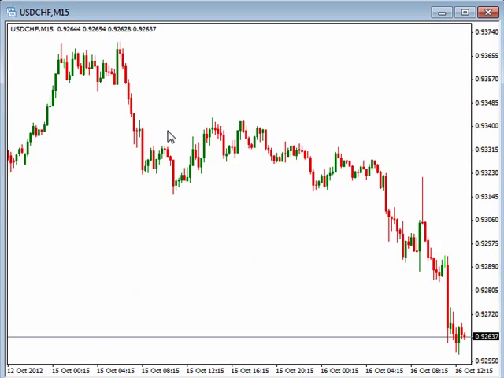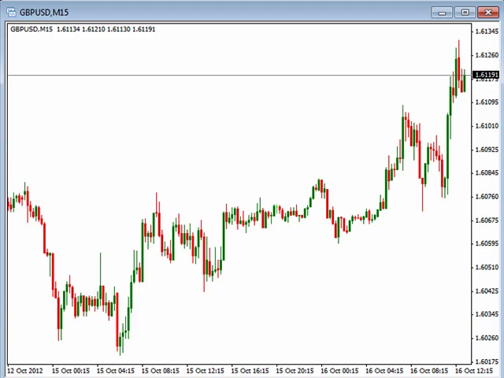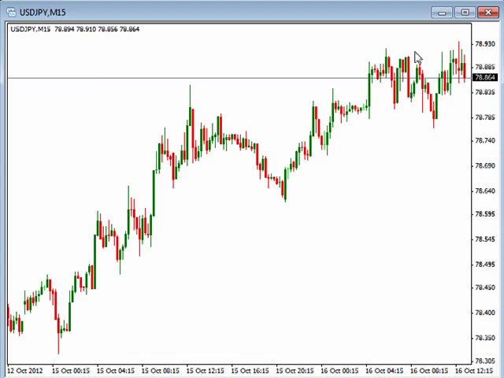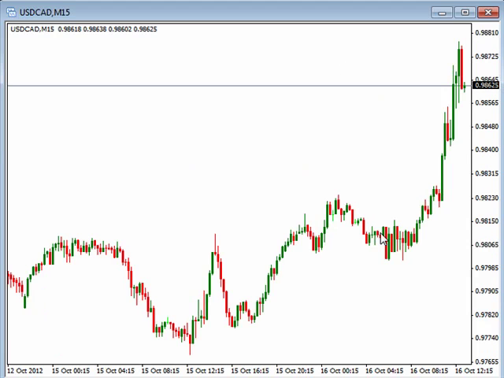U.S. Swiss franc, you can see we had a nice down move. We'd be looking for it to move up from there. The pound dollar, big move up, pulling back a little bit, kind of at the top of the move. U.S. Japanese yen kind of flat right now. And the U.S. CAD, nice strong move up. How much is it going to pull back? Well, we don't know. But at those top ranges.